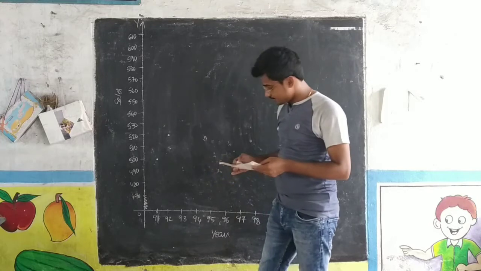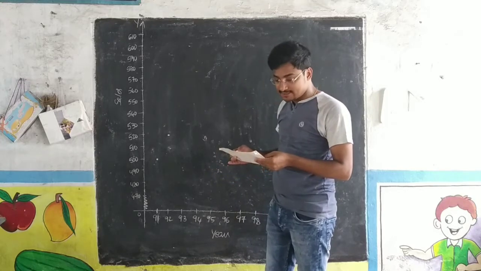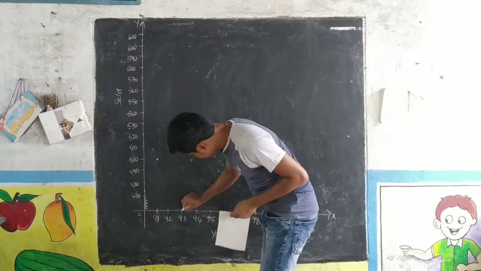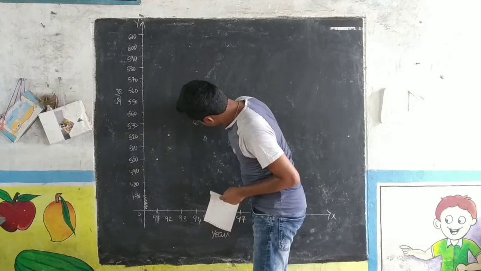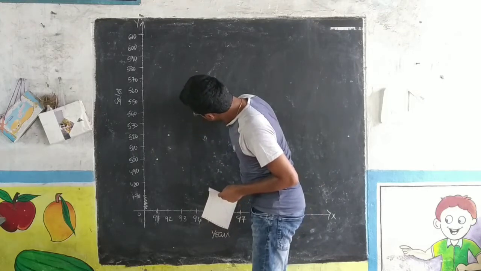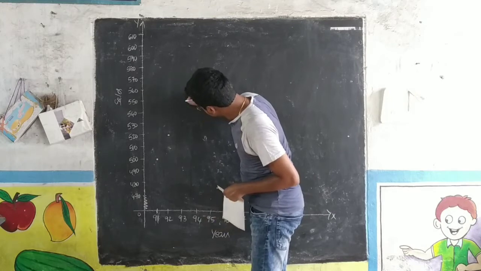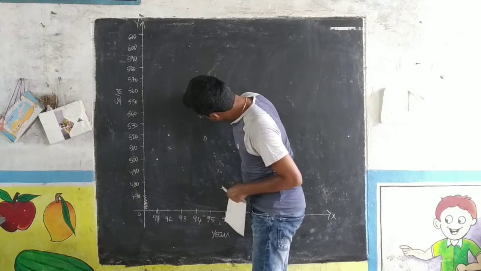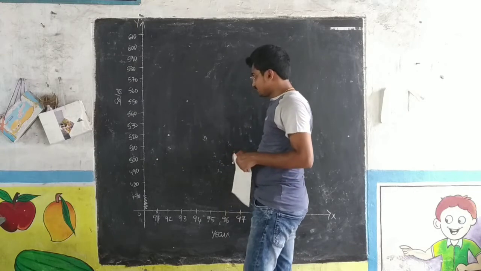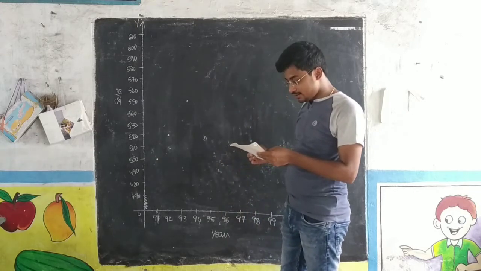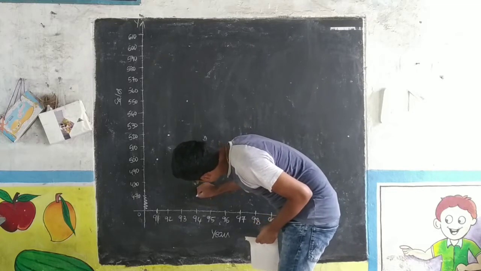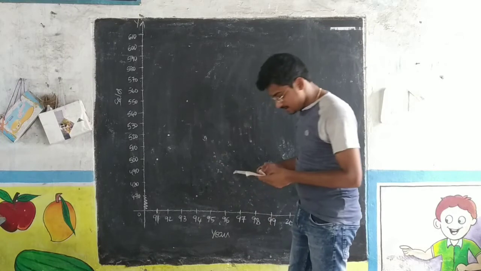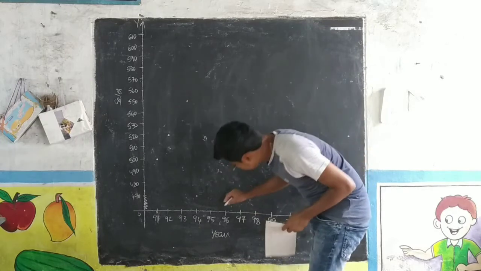Next, 1993 sales 550. Next, 1994 sales 470. Next, 1995 sales 510.